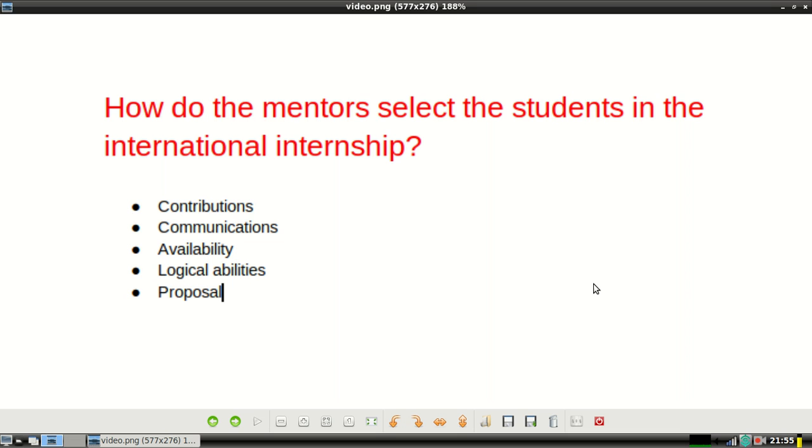So it is mandatory that you talk with the whole community rather than only your mentor. Some students make the mistake of interacting only with the mentor rather than the whole community, which can decrease their selection chances. So you need to communicate with the whole community.